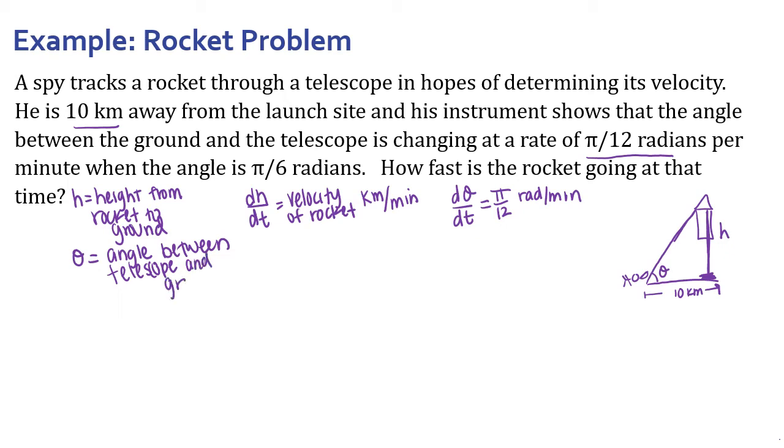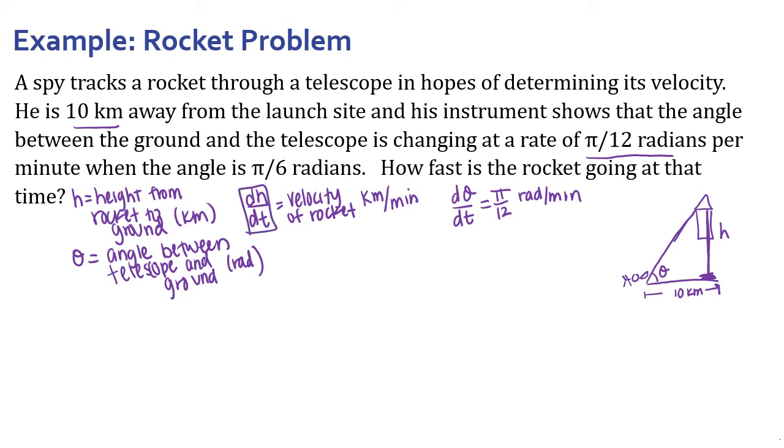Okay, and this is in terms of radians. And h is in terms of kilometers. Okay, so I've got my variables. I've got my rates. I know I'm trying to solve for dh/dt. That's what I'm trying to solve for.